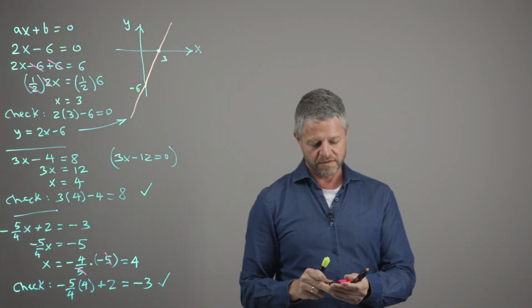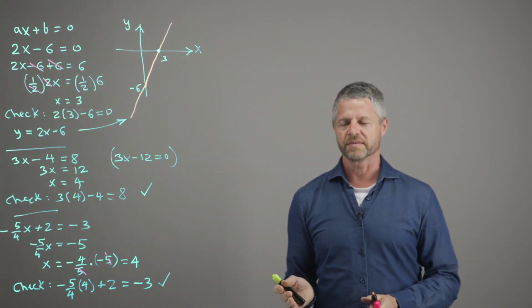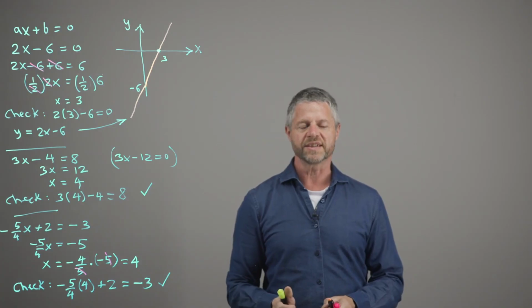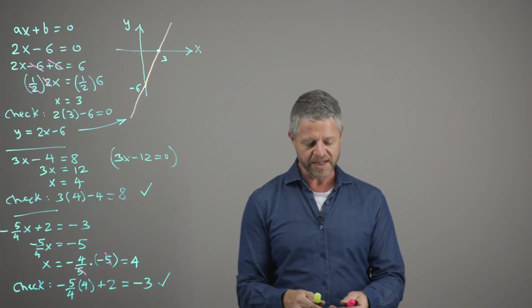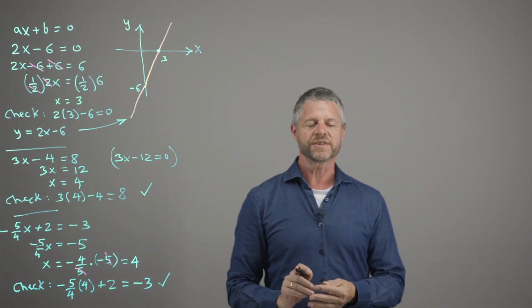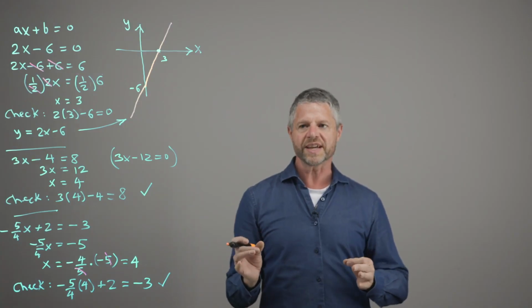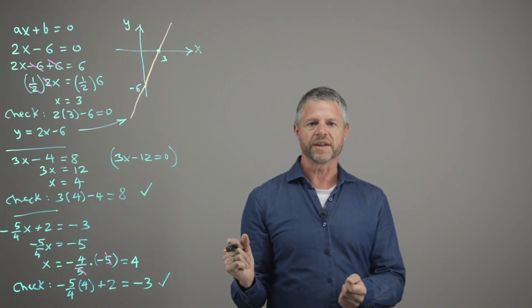So another way in which we can use linear equations like this and try and find a value of x that satisfies some linear equations is if we have two linear equations and we're trying to find the value of x that makes the two equations equal to one another.